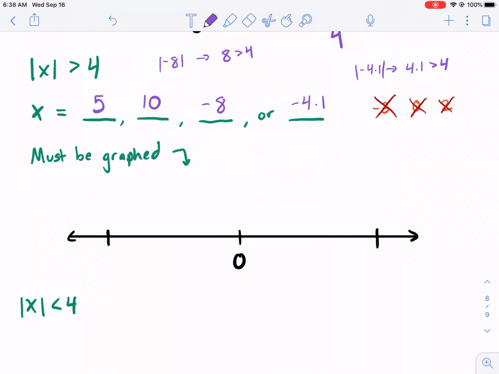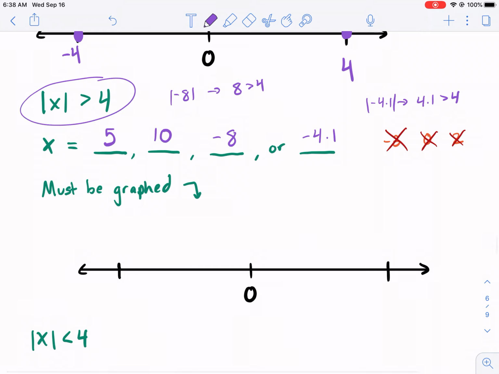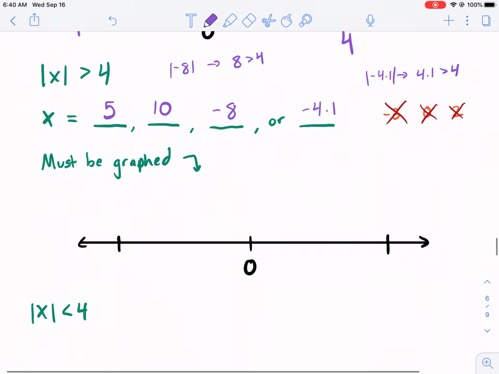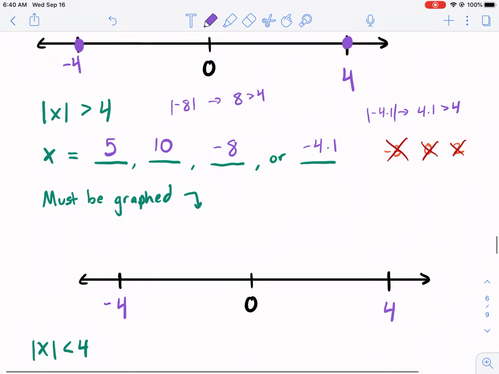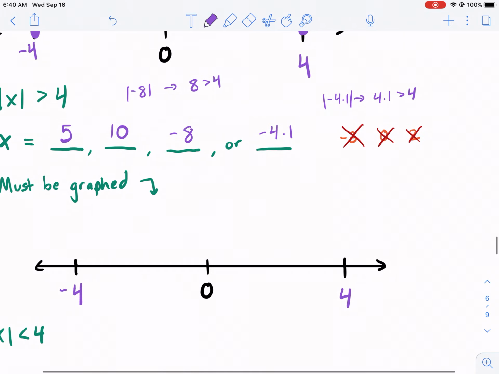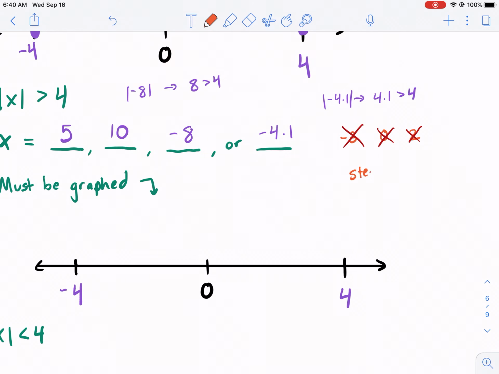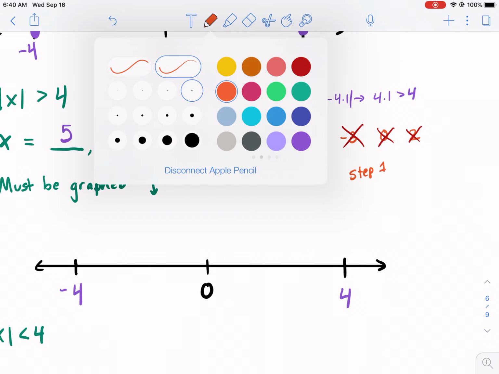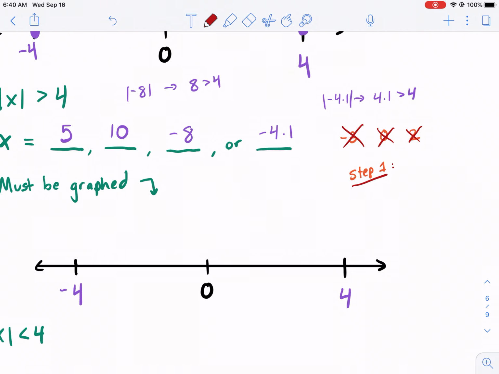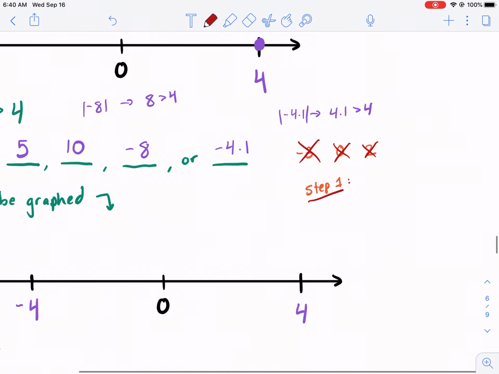Because this has 4 in it in our initial problem, we know we need to at least mark 4 and -4 for our absolute value. Anytime you have an absolute value, you need to split it. So step 1, you want to make sure you have the absolute value by itself.